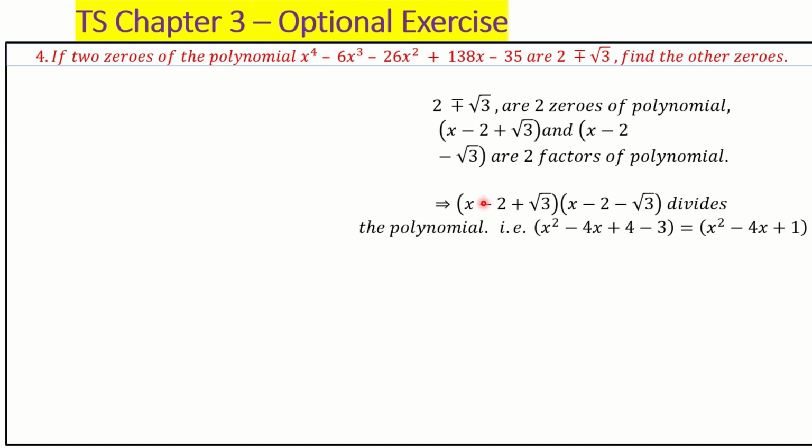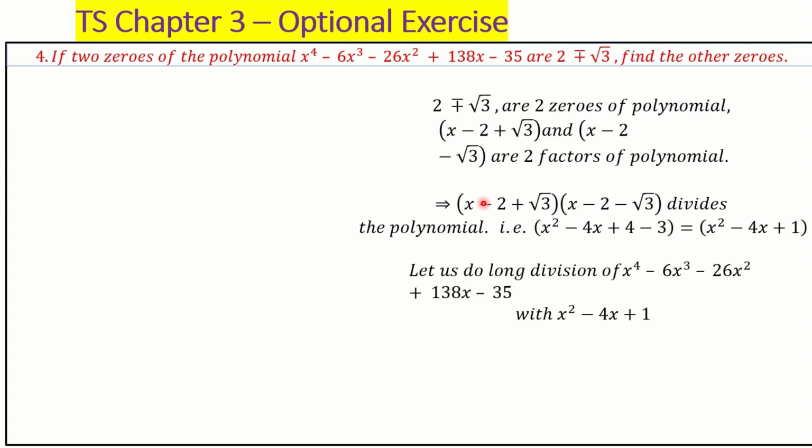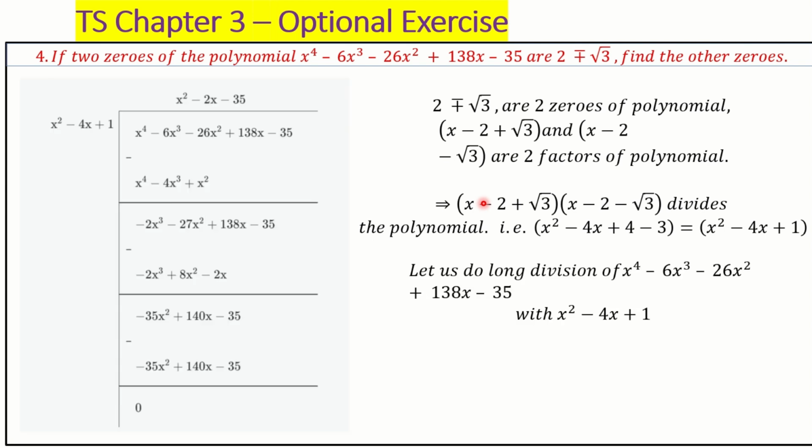It divides this polynomial. So long division is given here, x square minus 4x plus 1. If you divide, what you will get is x square minus 2x minus 35.